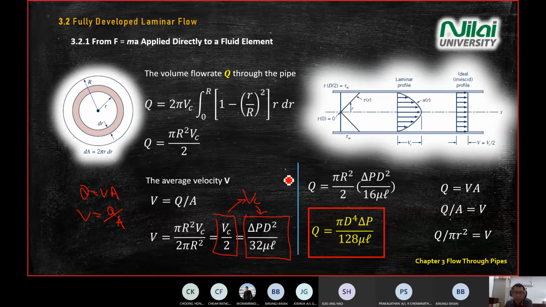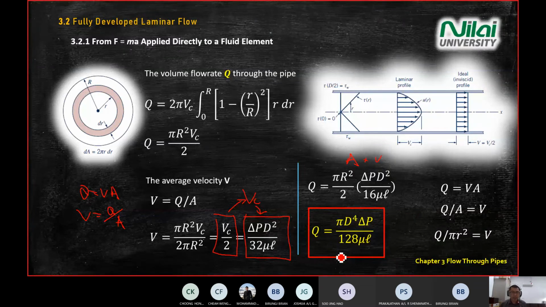Then pull back Q equal to VA, right? Then you'll get this equation. So this equation is called Poiseuille's law.